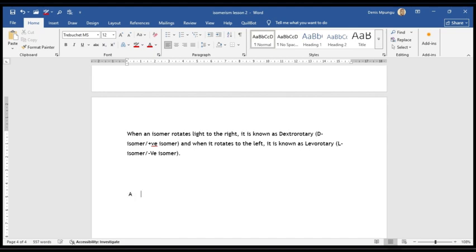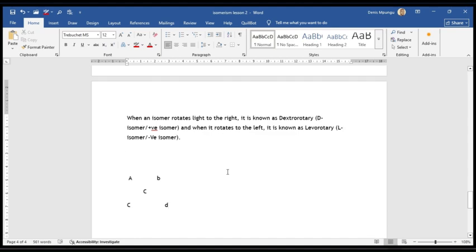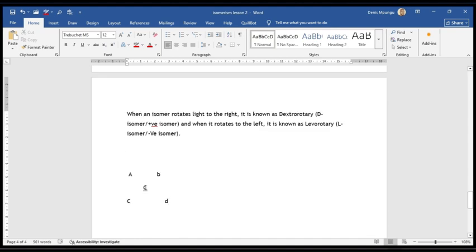Let me call atom A, atom B, then we have our carbon, then I have atom C and atom D. So if we have such compounds with a central atom surrounded by four other atoms or group of atoms, then such a compound can form optical isomers.